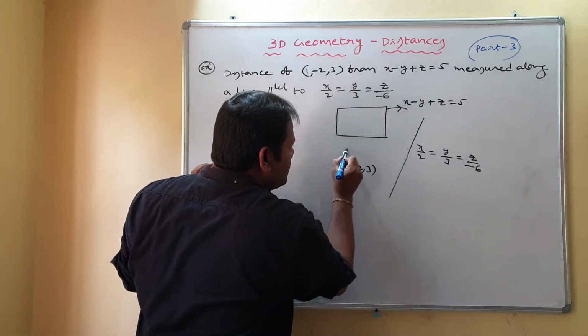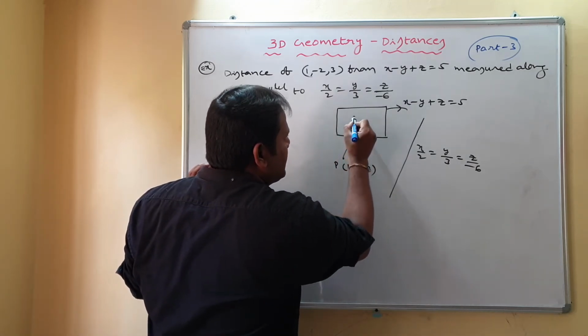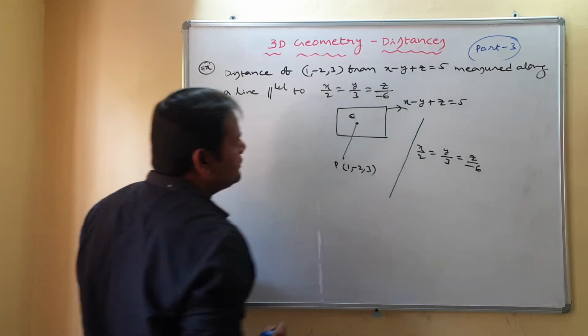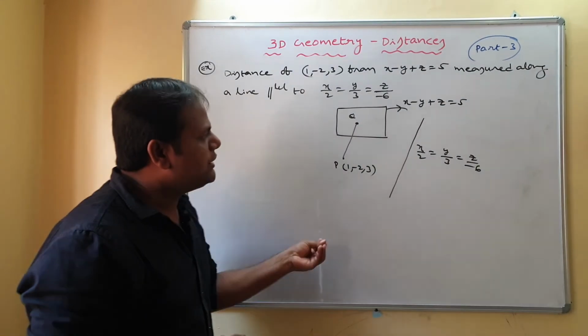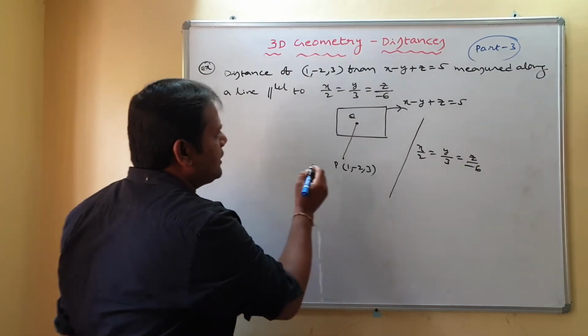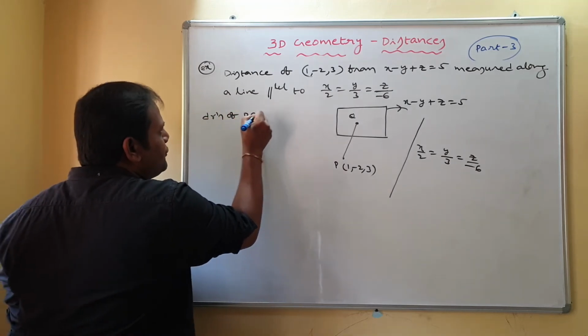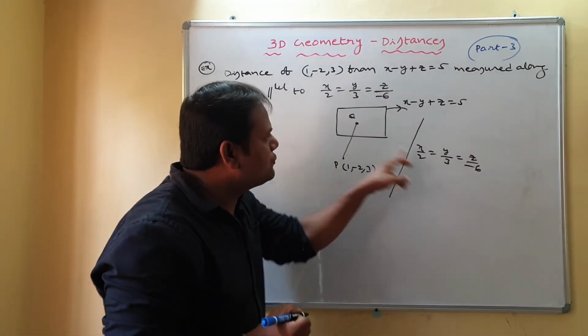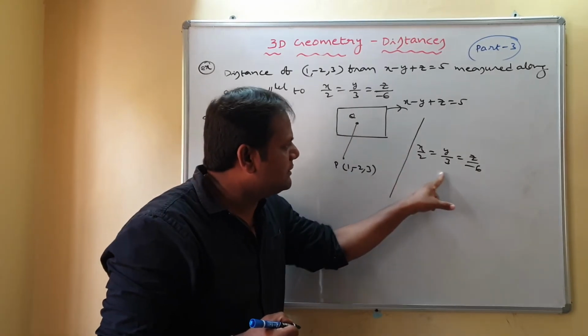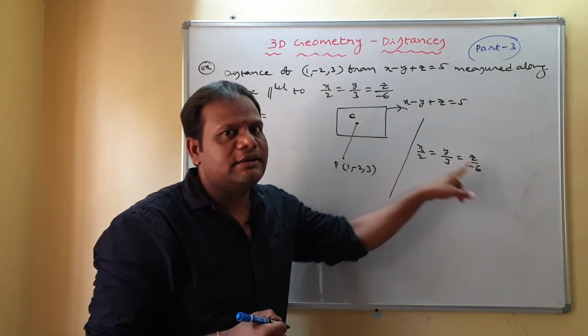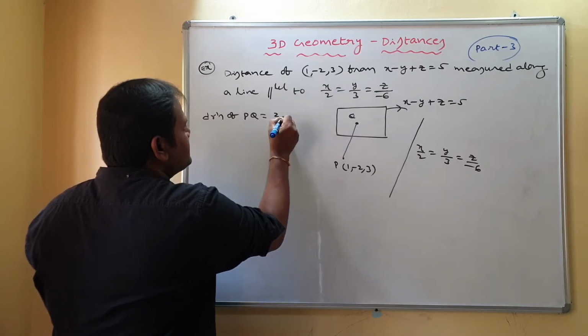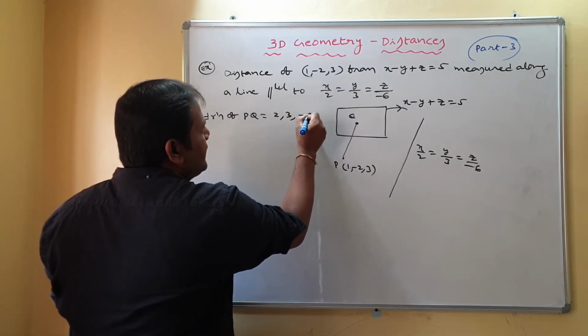So you have to find this distance. Suppose I am taking this as point Q. Here these two lines are parallel. So can you tell the DRs of PQ? Why? Because these two lines are parallel. So can I take DRs 2, 3, minus 6? Yes, you can. So the DRs of PQ are 2, 3, minus 6.